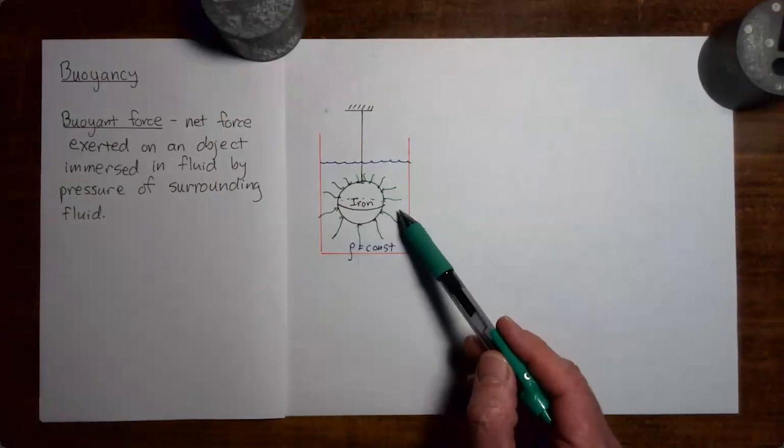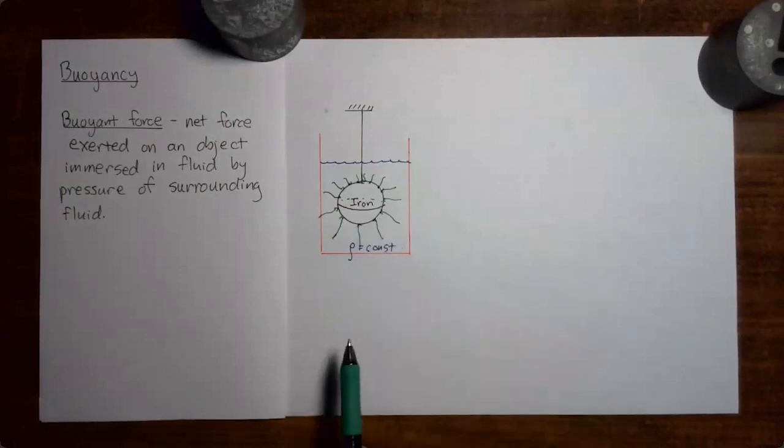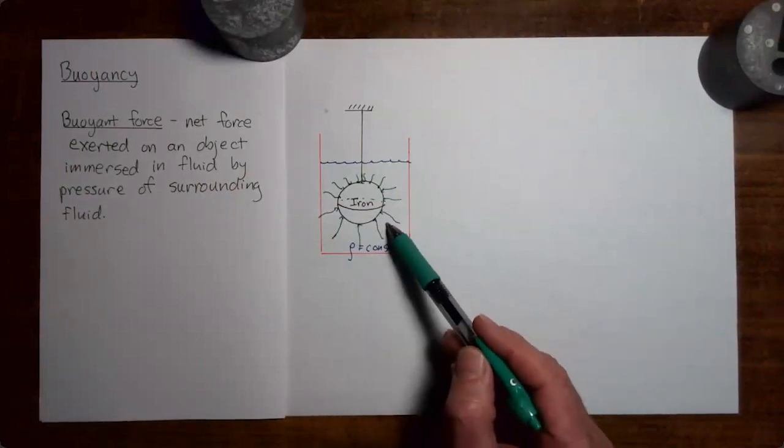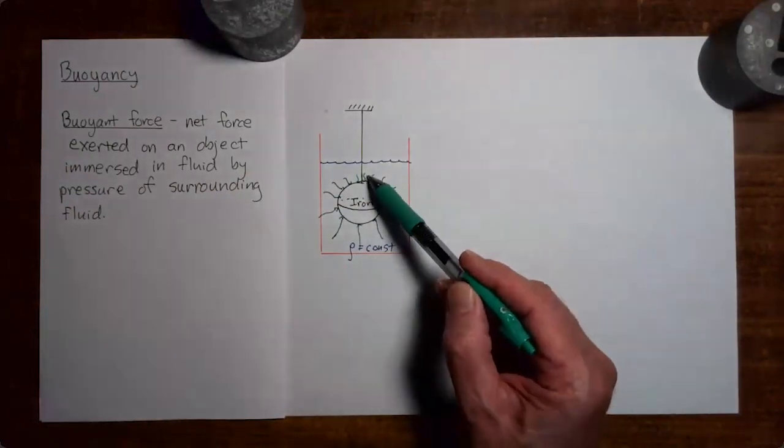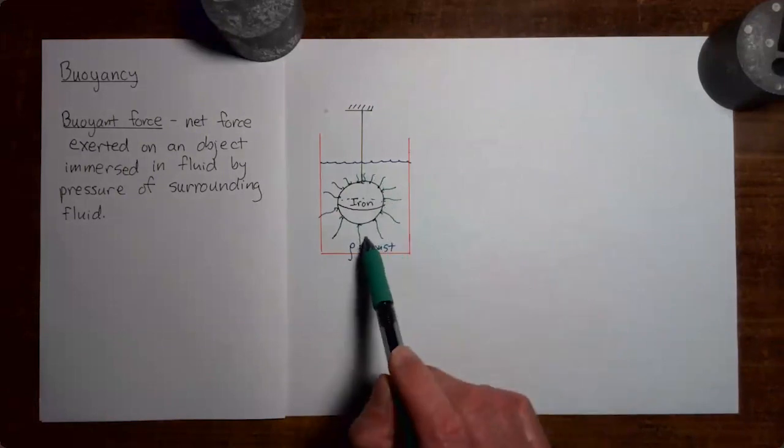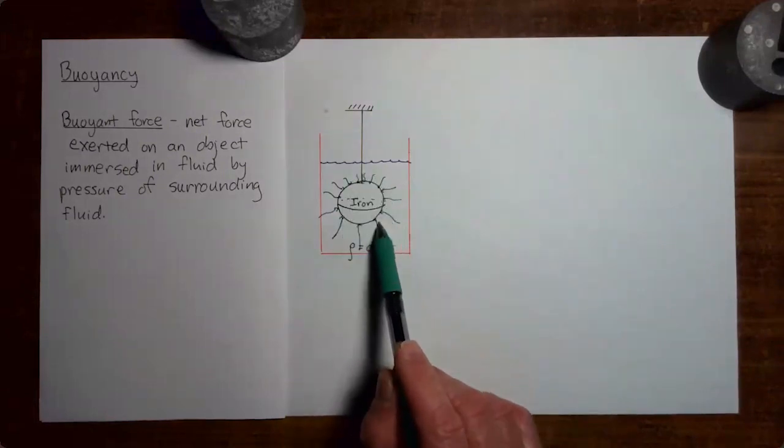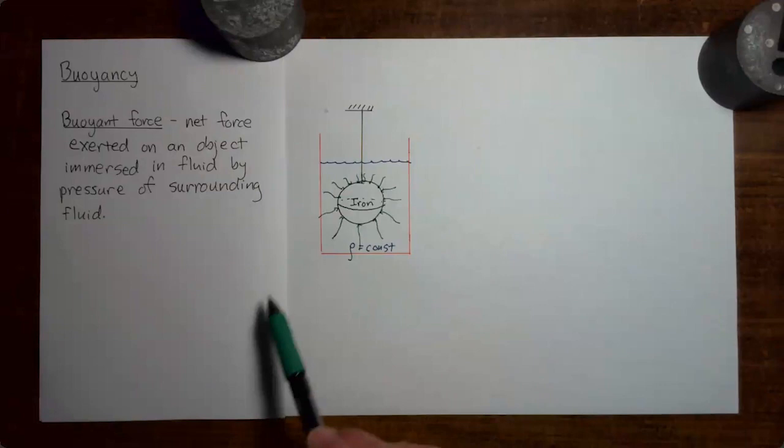Now, starting from this figure, how would we determine the buoyancy force acting on the iron sphere? That looks like a pretty hard problem because the strength and direction of the pressure force changes continuously as we go around the surface of the iron.